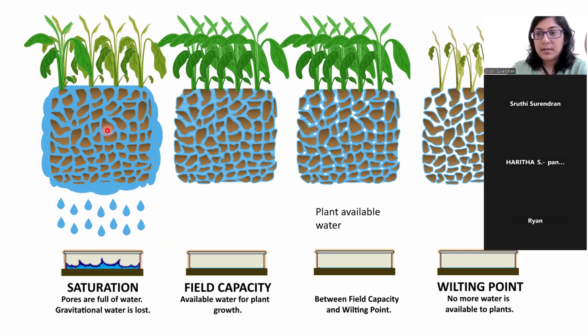Now, if you consider the soil in the root zone of a plant, when you water it, or when the soil receives a lot of water, the soil in the initial state is filled with water. The soil is in the form of a matrix of pore spaces and soil particles. The soil particles can be anything.